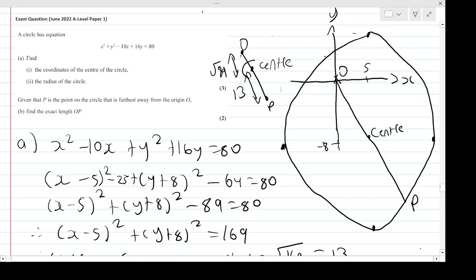But if we split it up between the origin and the centre, and then from the centre to P, we can consider the radius from the centre to P, which again was 13, and also this first bit from the origin to the centre, and we know what those two coordinates were. That allowed us to use the distance formula. So we worked out these two individual distances, so we could add them together to find the overall distance which we wanted, even though we didn't know what the overall was directly. Okay, there we are.